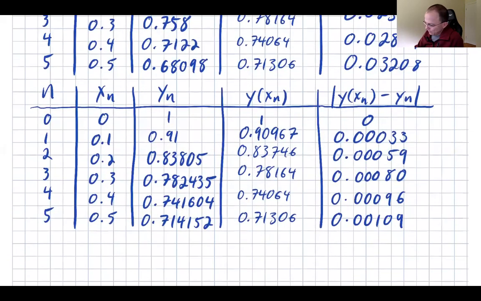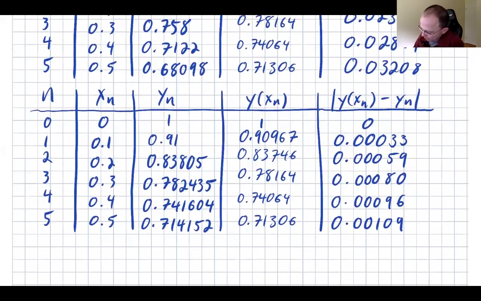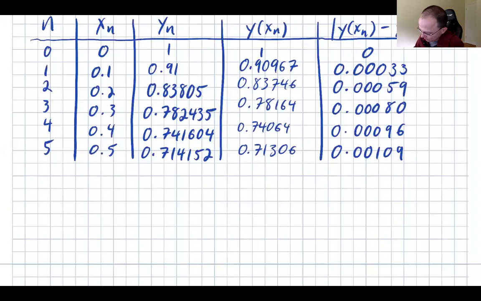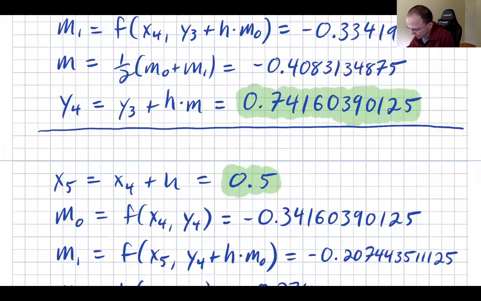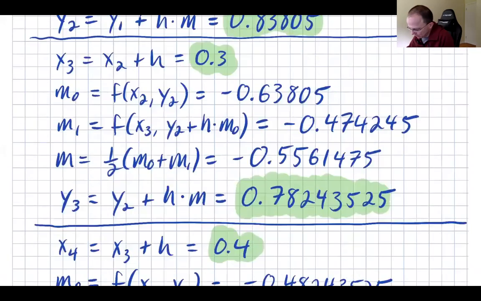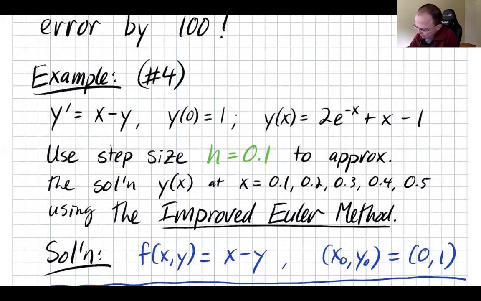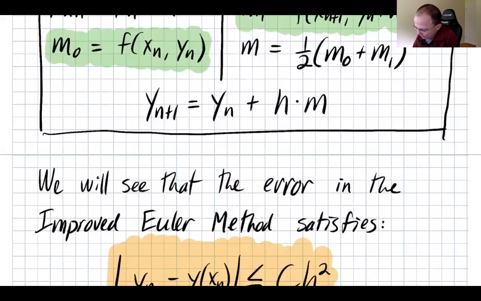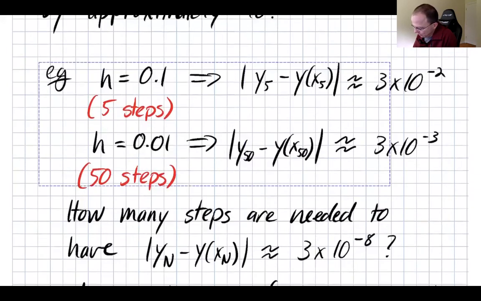Now, what does this mean in terms of what we expect with this error? So now we know that with h equals 0.1, this was 5 steps. So what I want to do is repeat the stuff that I had up here. Where was it? It was up here. This stuff, yeah. So let's write this down now for the improved Euler method.